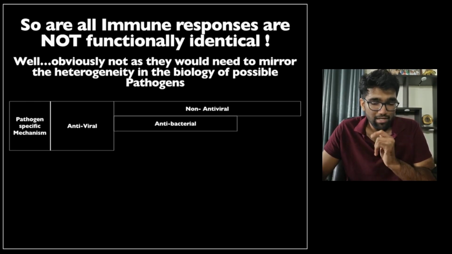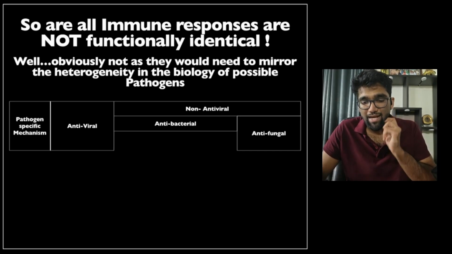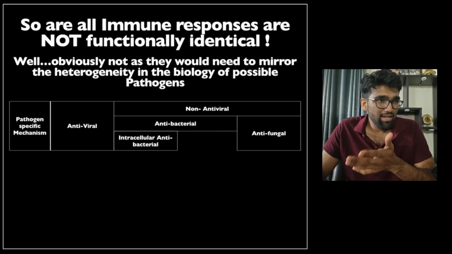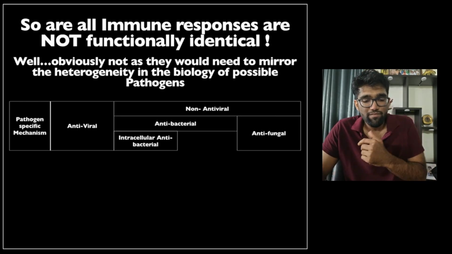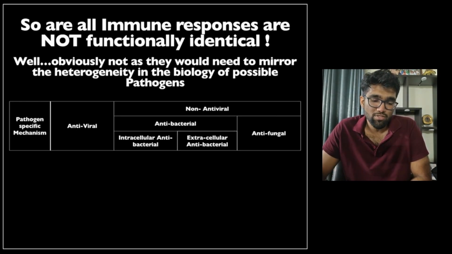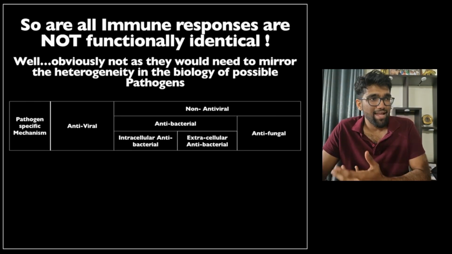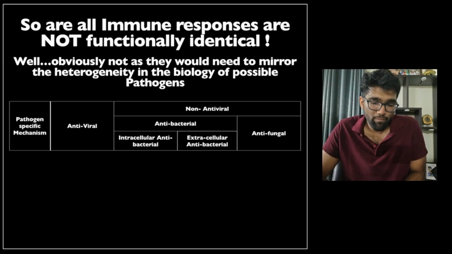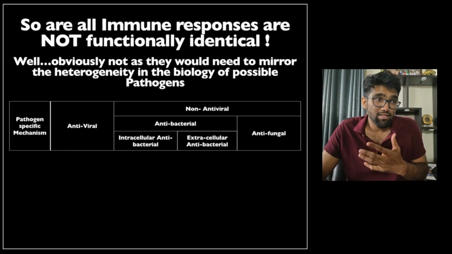Under non-antiviral, we've got antibacterial responses and antifungal responses. And again, bacteria can be intracellular, that is within a human cell, or extracellular. So we have intracellular antibacterial responses and extracellular antibacterial responses. Now, viruses are obligate intracellular parasites but can circulate in serum. So there are extracellular circulating mechanisms to control viral infections, but no extracellular mechanisms as such.